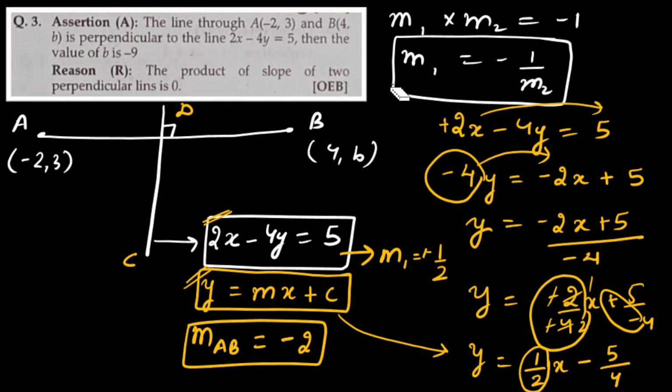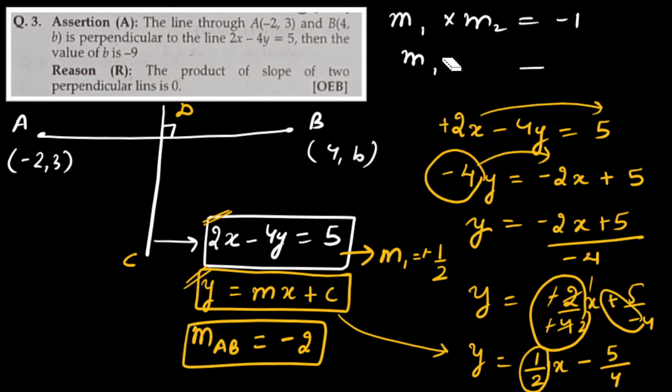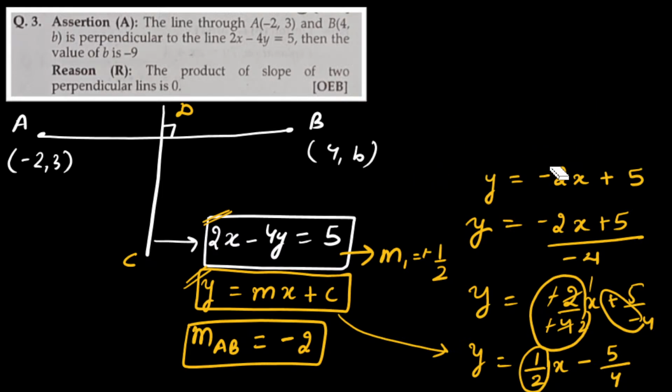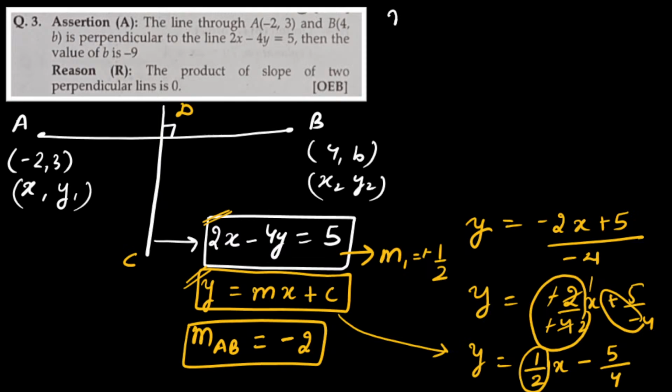Now the AB slope we have found already. Let us check the value of b. First of all, we'll use the coordinates of A and B and find the slope by using the formula. So coordinates of A I am writing as x1, y1, and coordinates of B as x2, y2. The slope we can find by applying the formula y2 minus y1 by x2 minus x1.